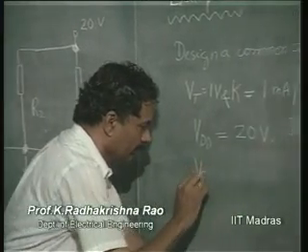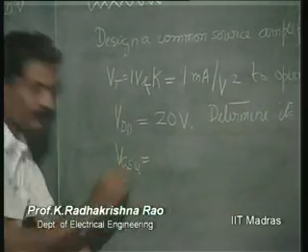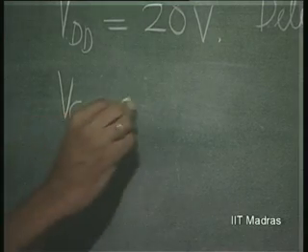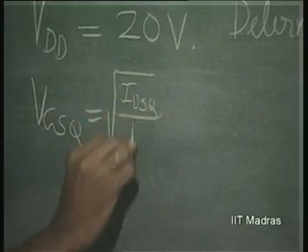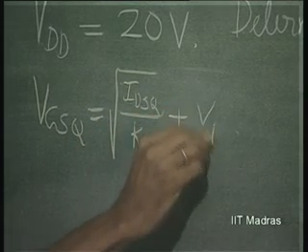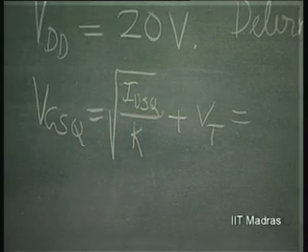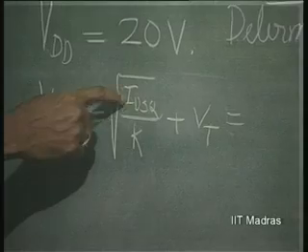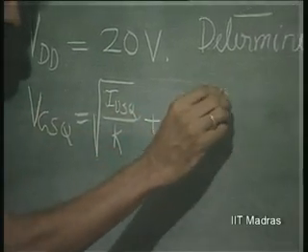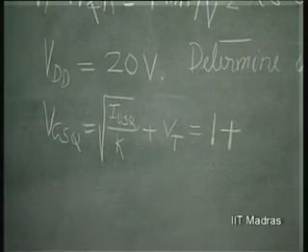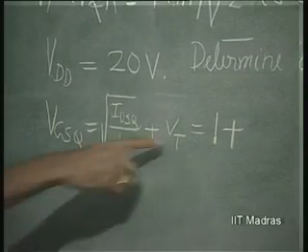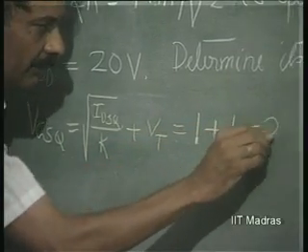So, VGSQ equals root of IDSQ by K plus Vt. IDSQ is required to be made equal to 1 milliampere. So, this is 1 by 1, which is 1, plus Vt equal to 1 volt. So, this should be equal to 2 volts.